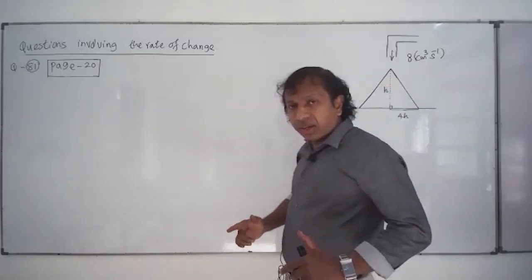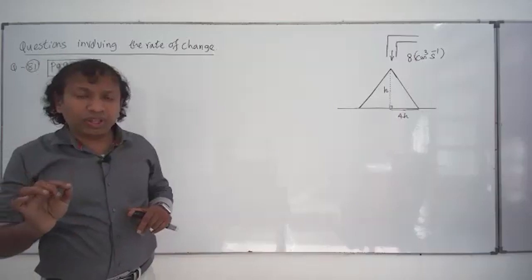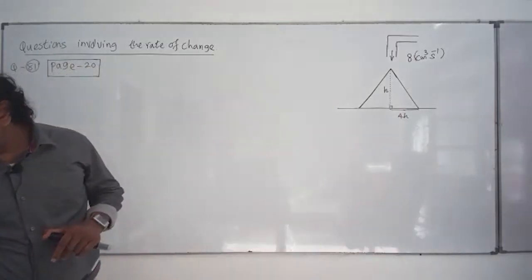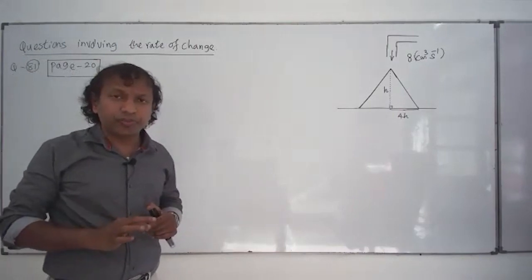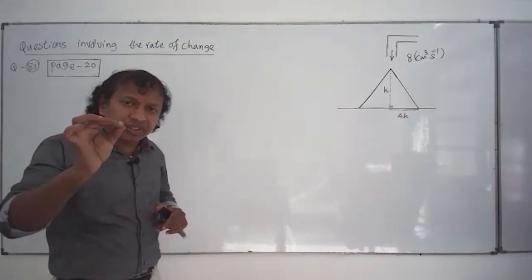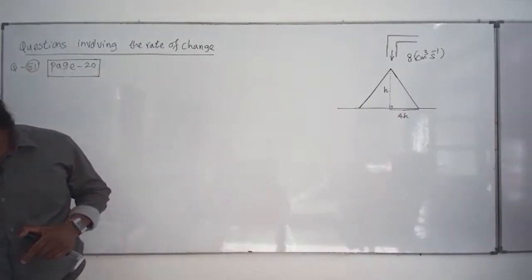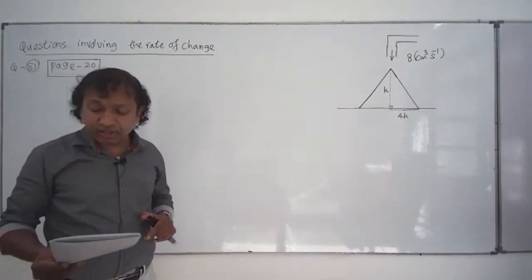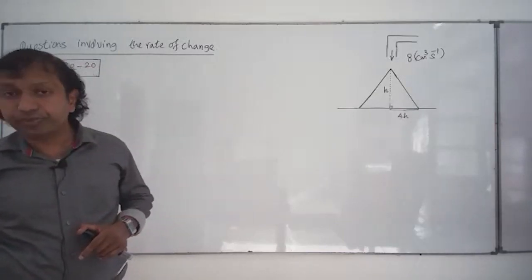On one occasion the height will come to 6 centimeters. At that moment, the height increases at a particular rate. That rate is what they are asking. How fast is the height of the sand cone increasing when the height is 6 centimeters?